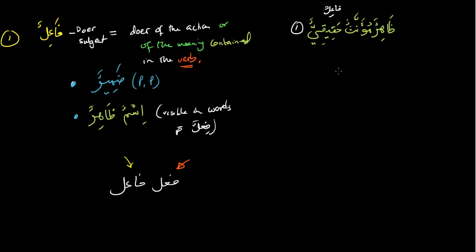Okay, ظاهر مؤنث حقيقي. And no word between فعل and فاعل. That is important. There is no word between فعل and فاعل. They're right next to each other. Okay, all right.